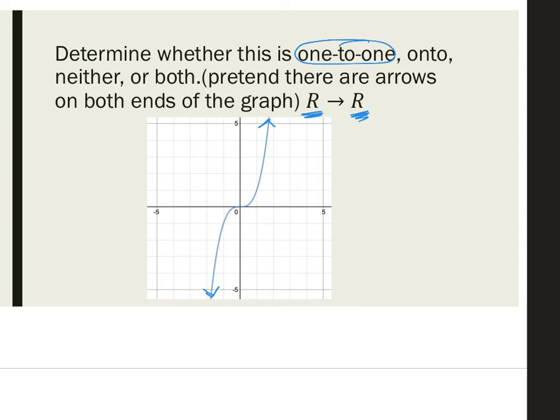And then onto: does every element of this range, every single real number, have some real number that's going to map onto it? Yes, because it goes on forever up and down. So it is 1 to 1 and onto. So the answer to this question is both.